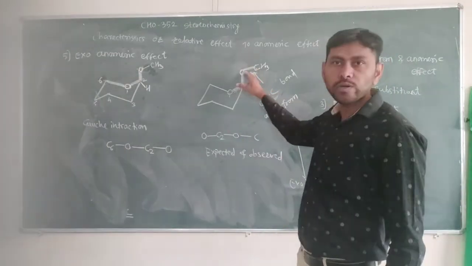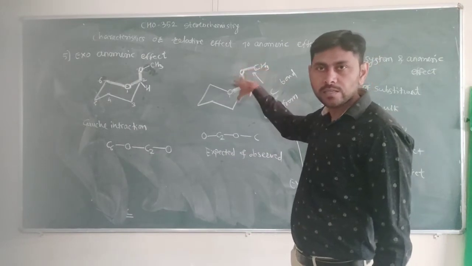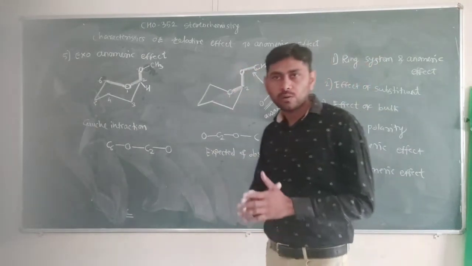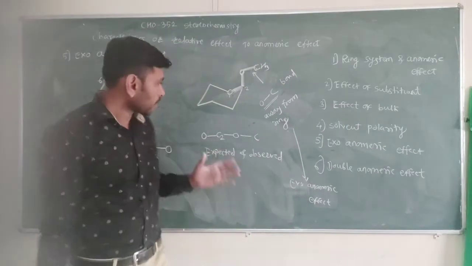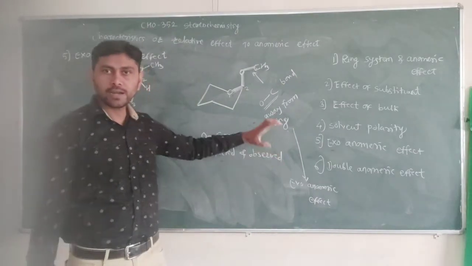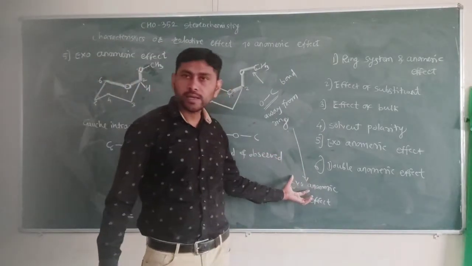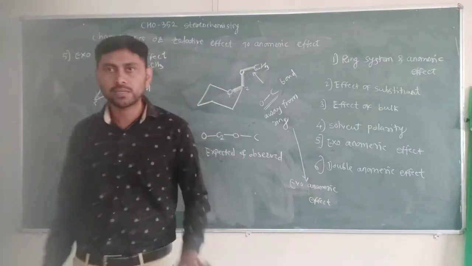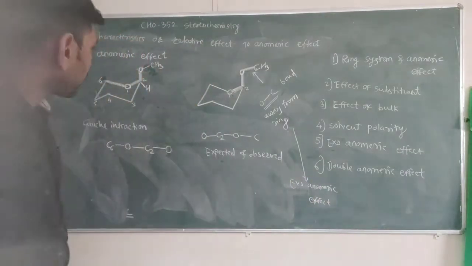The axial substituent is there, and this axial substituent oxygen carbon bond goes away from the ring due to the anomeric effect, and that anomeric effect is known as the exo-anomeric effect.